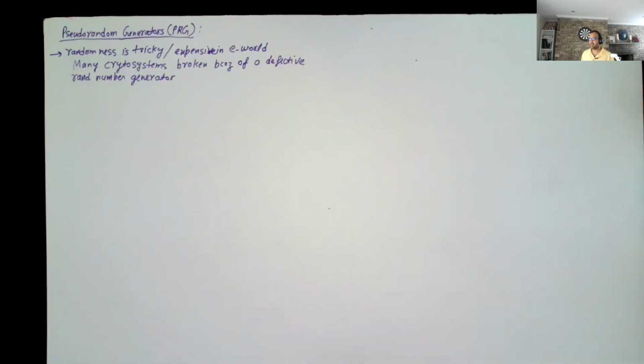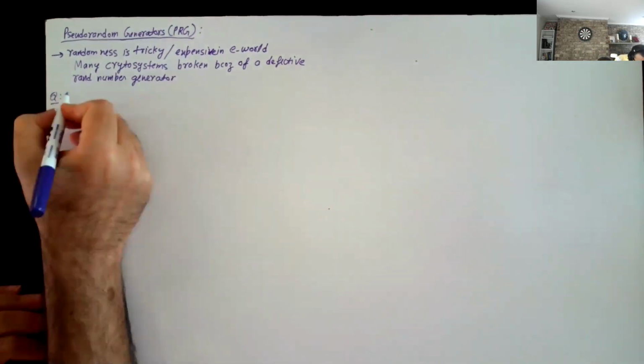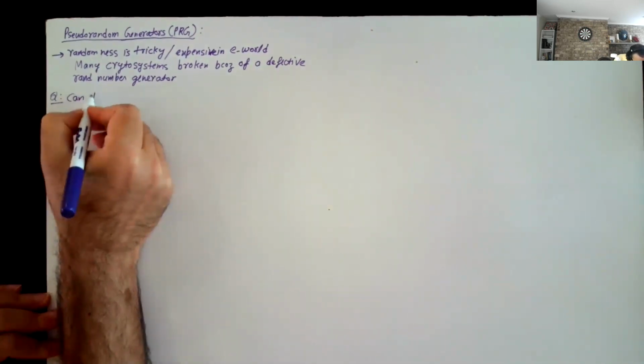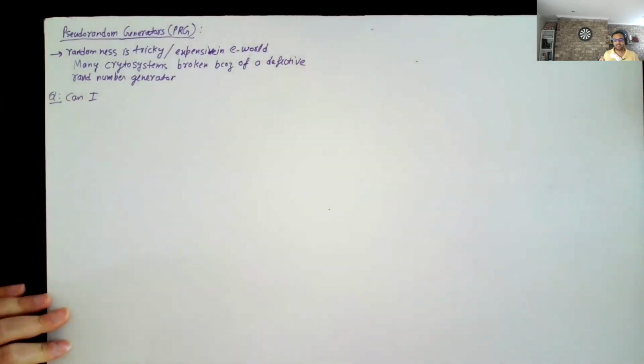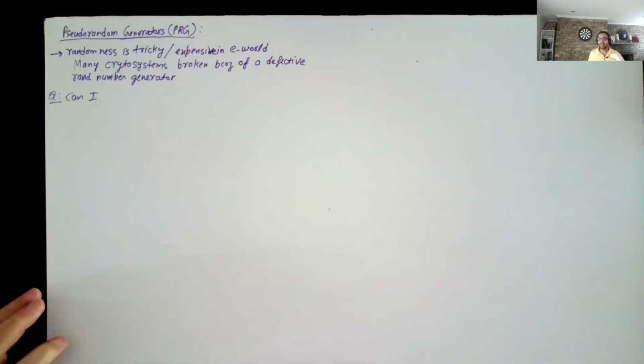So let's say I need 1,000 bits of randomness, right? Now a very natural question is, can I generate a small number of random bits and then in some sense deterministically expand them to get a very large number of random bits?